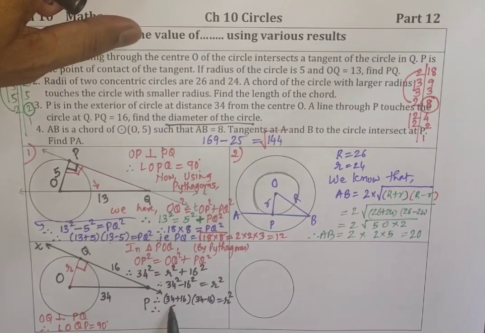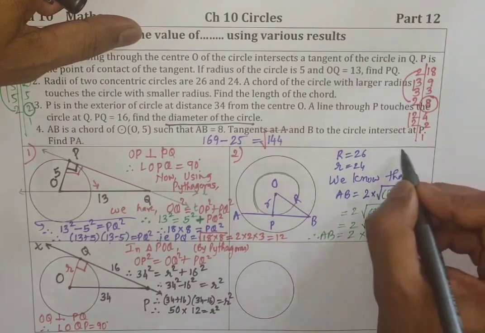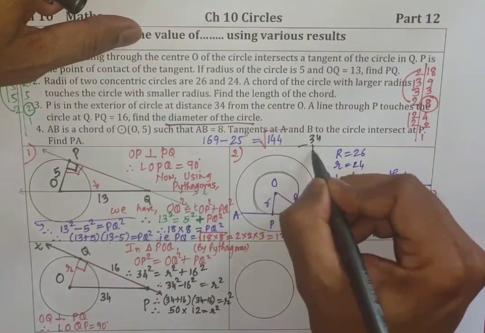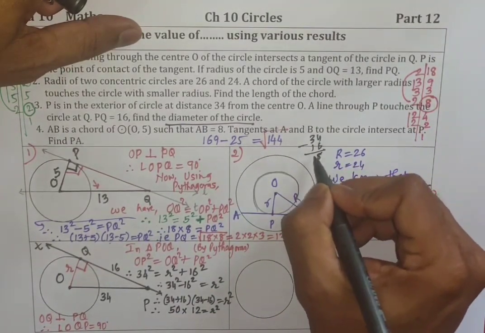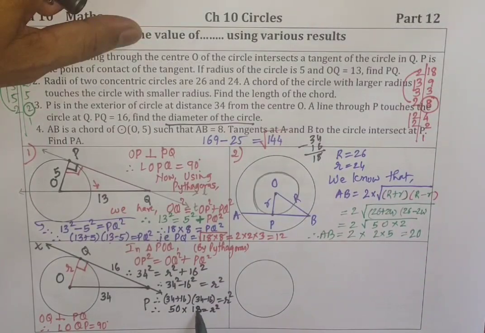Therefore, ये टोटल करेंगे तो 50 मल्टीप्लाई बाय ये डिफरेंस करेंगे तो 12 इज इक्वल टू R स्क्वायर, है ना? डिफरेंस 12 नो बेटा, डिफरेंस इज 34 माइनस 16, ये 8 और 1, it is 18. Difference is 18.